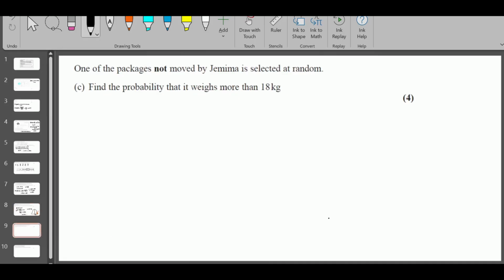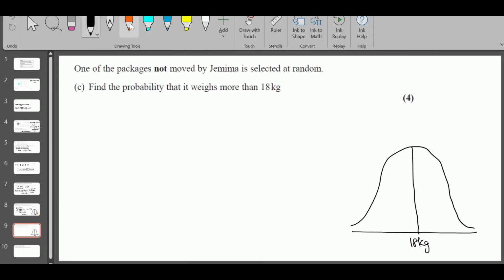Part C now. One of the packages not moved by Jemima is selected at random. Okay, you need to understand. Let me draw a bell curve here. We know the mean is 18 kilogram. All the packages that weigh 23.6 or more are moved by Jemima, right?